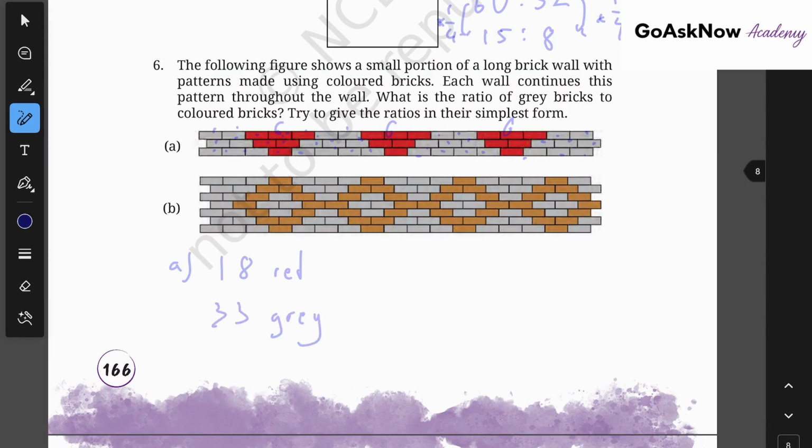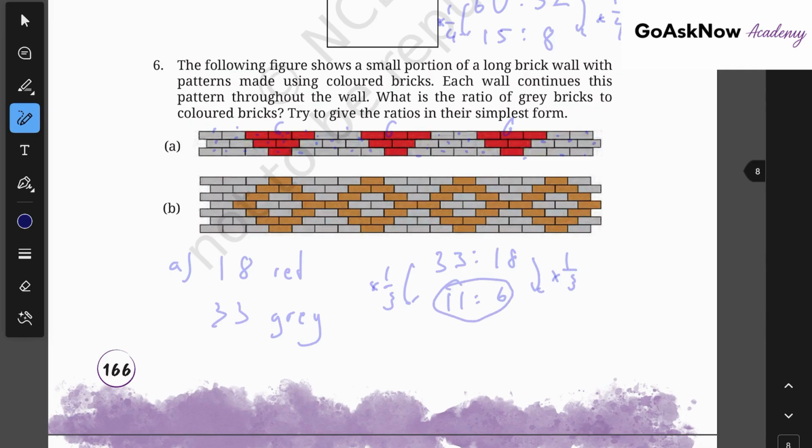Okay. So the ratio for gray to colored bricks is 33 to 18. This can be simplified into 11 to 6, since both can be multiplied by 1/3. So this is your answer for part A.